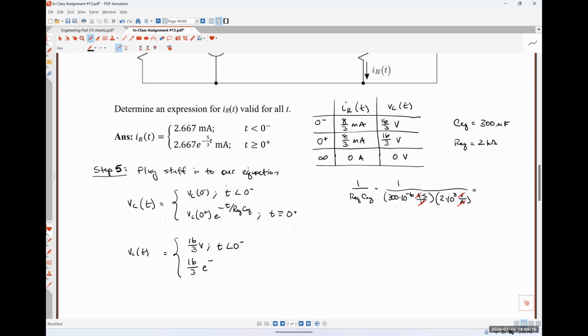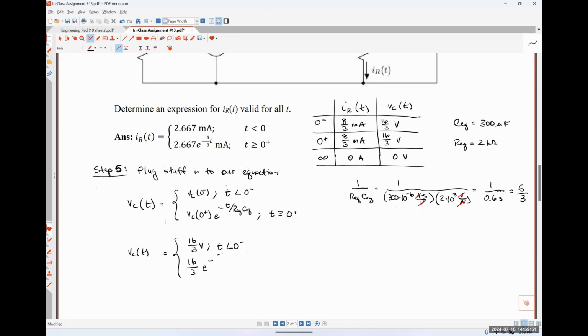So it looks to me like we're going to have 600 times 10 to the minus 3, which I believe is 0.6. So 1 over 0.6 seconds. 1 over 0.6 is, so let's see, 0.6 is 3/5, so the reciprocal of 3/5 is 5/3.